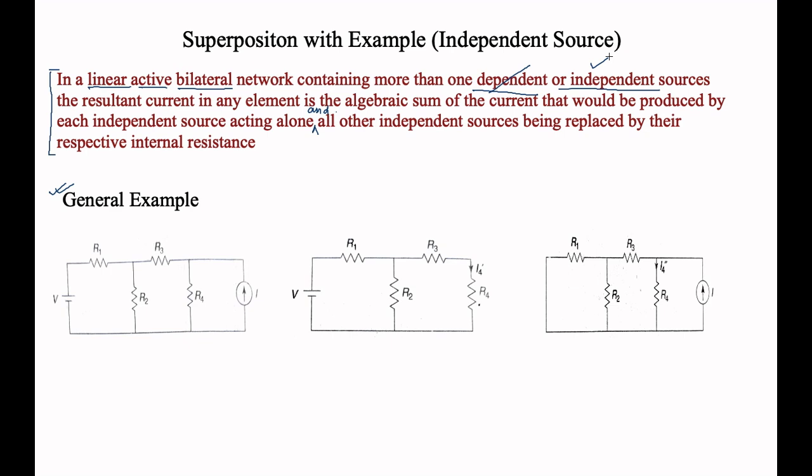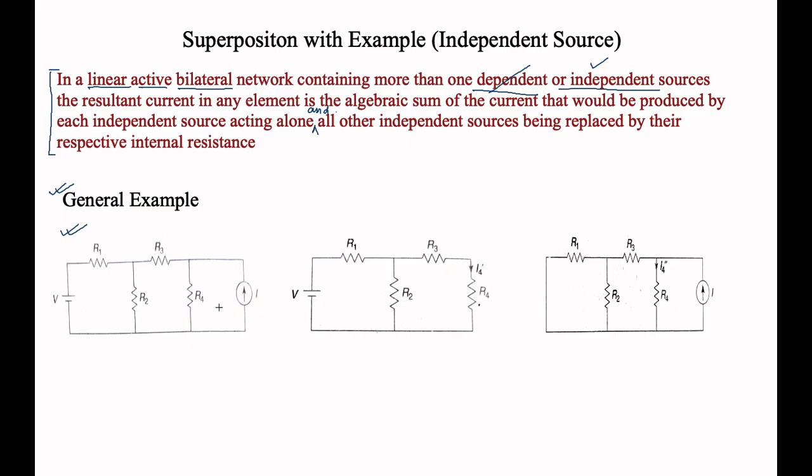So if a circuit contains linear active bilateral elements, that is, resistances and current and voltage sources that must be independent, then take this circuit as an example.